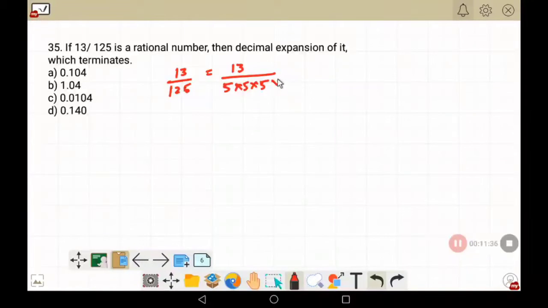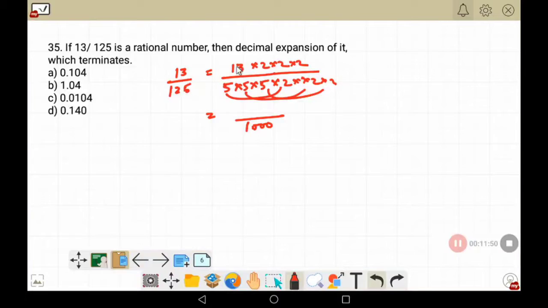Tell me, if you multiply 2 into 2 into 2 in the denominator and 2 into 2 into 2 in the numerator, what will happen? The denominator will become 10 into 10 into 10, it means 1000. And here 13 8s are 104. Very easy to solve. Just remove these zeros and put the decimal here. So 0.104 is the answer. A very easy question, a very tricky one. Let's go to the next.